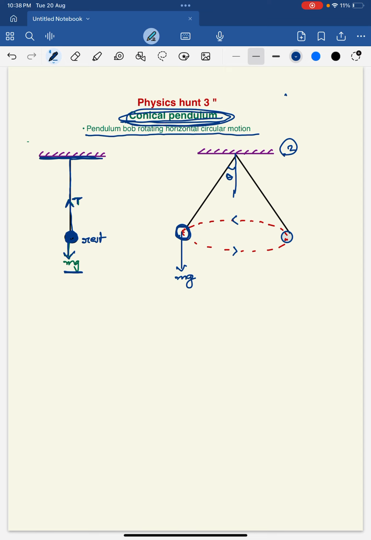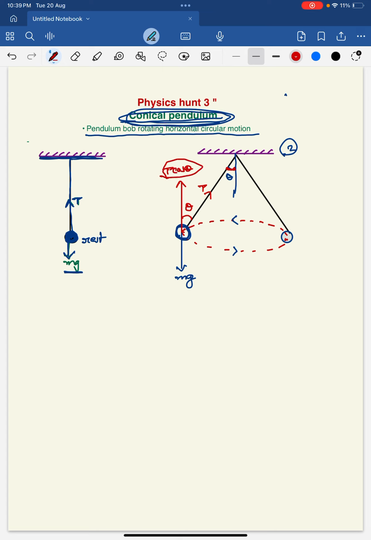The tension is acting upward. If you extend a line in the upward direction, this also makes an angle theta, so this component becomes T cos theta.